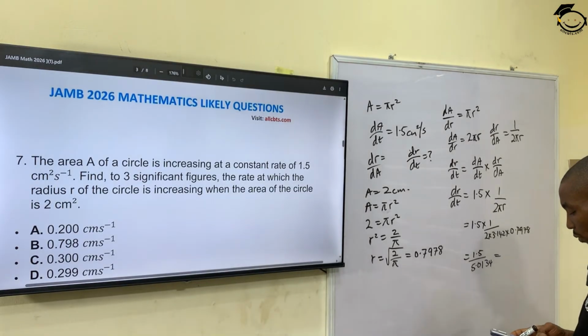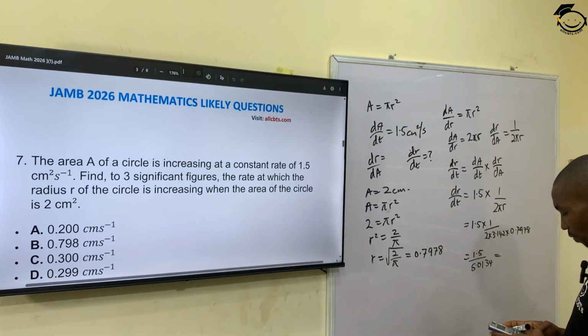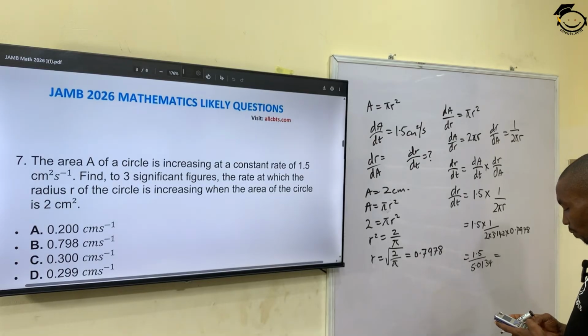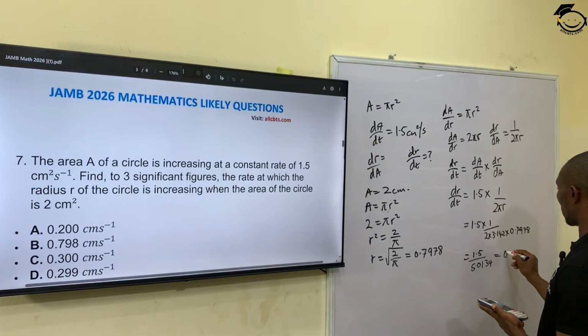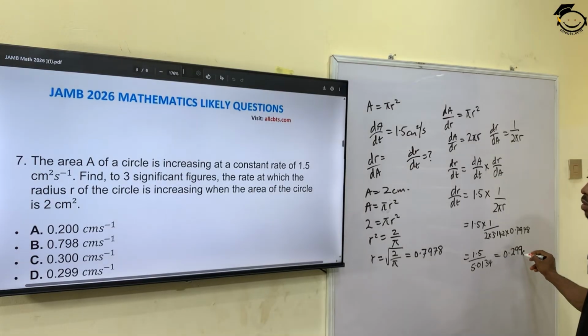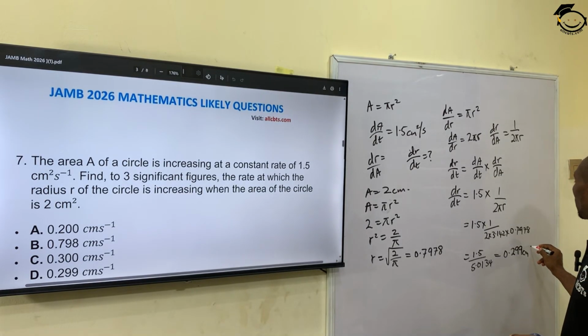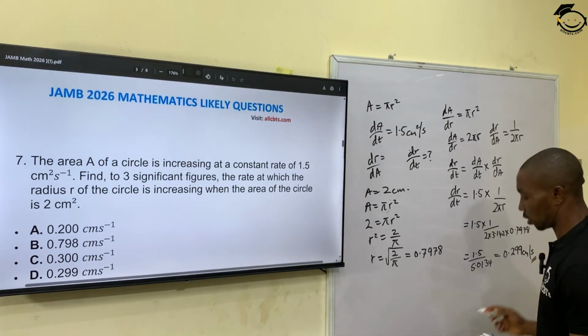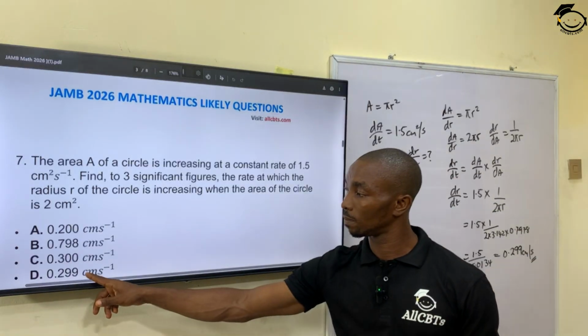So if we do 1.5 divided by 5.0134, we have 0.299 centimeter per second, which is our option D.